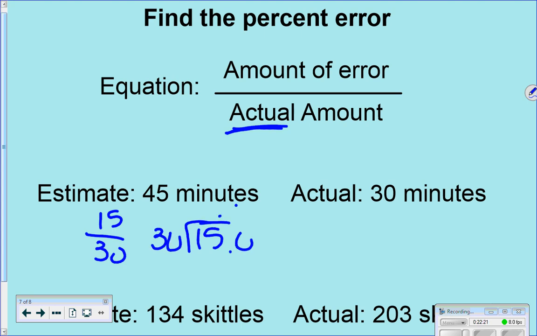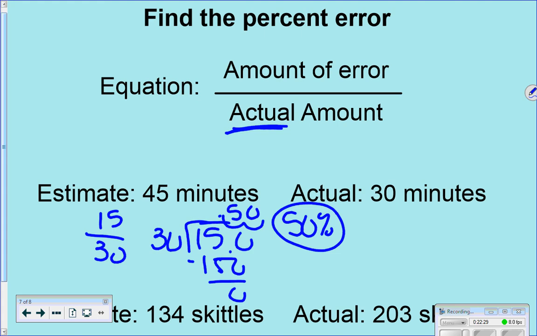So this is the easy one. How much was I off? I was off 50%. Holy cow. That's a lot. That was a bad guess. I'm off 50%. Yeah, half. It's bad.